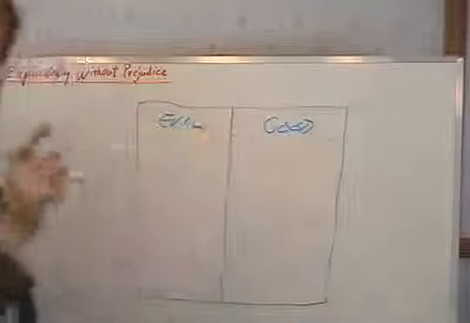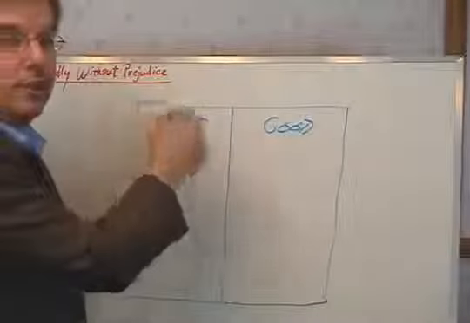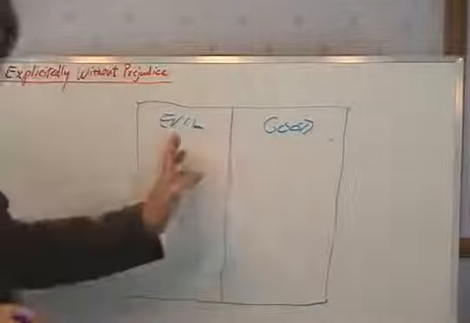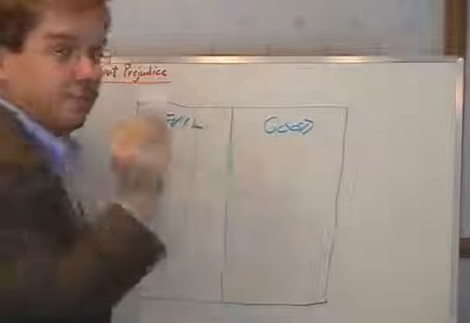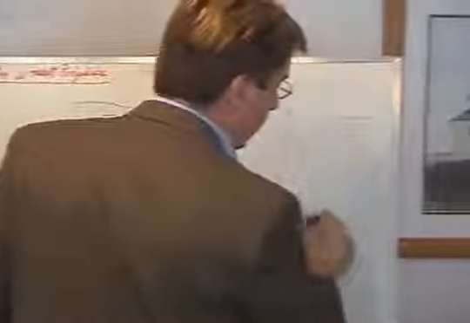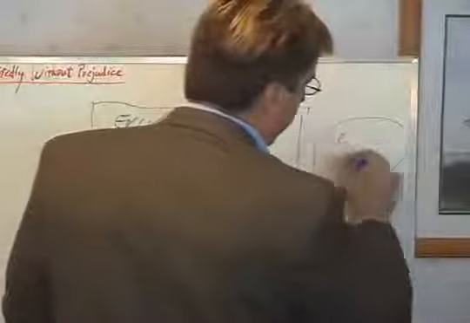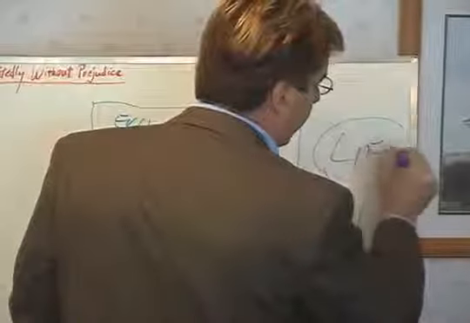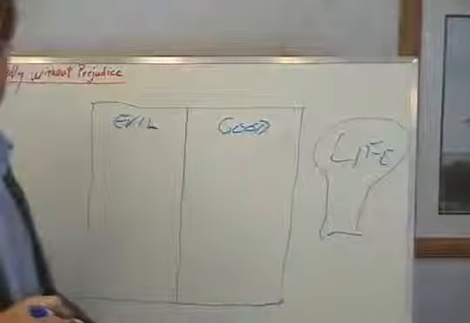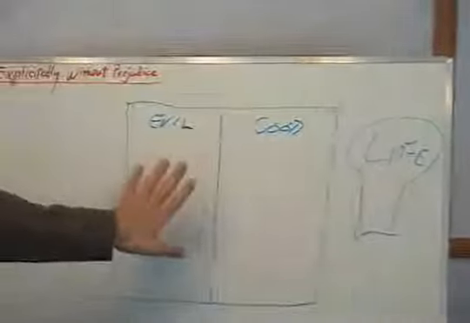There were 2 trees in the garden among all the other trees. There was the tree of knowledge of good and evil. Good and evil, okay? That doesn't bring life. There was another tree outside, and what we're looking at is outside this world system, and this is the tree of life. We, as living souls, live outside this system.